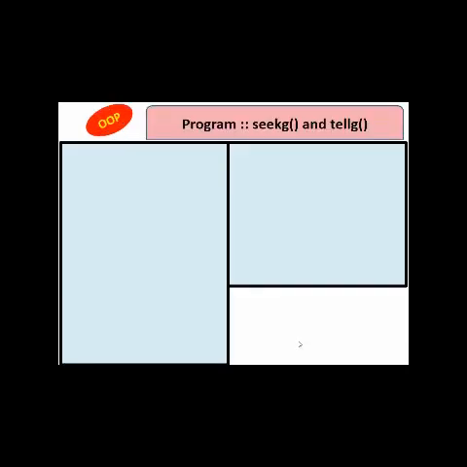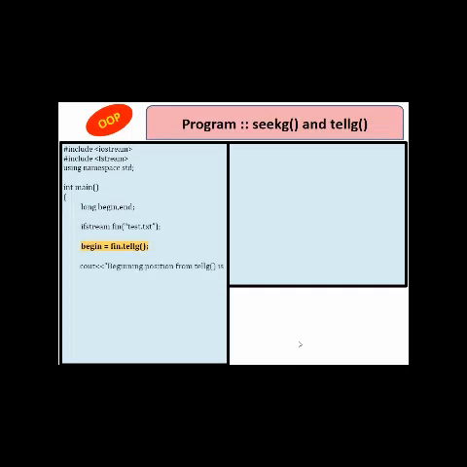Okay. So this is a program where you are opening a particular file, that is test.txt, and you are getting to know what is the beginning and ending position by using tellg function. You will write fn.tellg. Since you have opened the file, beginning pointer is at 0th position, so it will give you 0 for beginning, and then you are changing the position to the end using fn dot seekg 0 comma ios end means you are going to the end position.